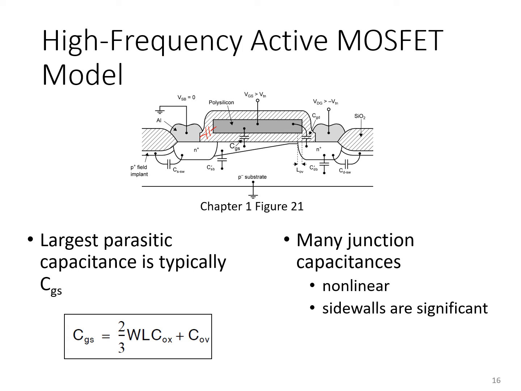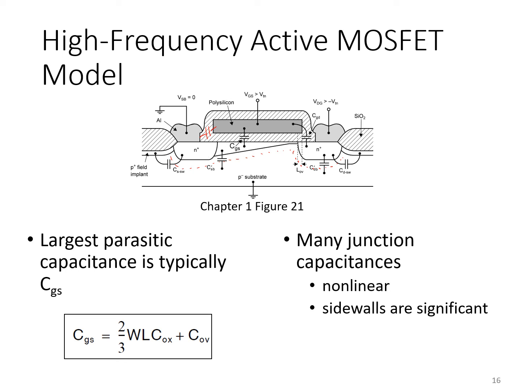You've also got junction capacitances arising all over the place because the channel region is inverted, and you've got reverse biased PN junctions all along the bottom side of the source region, the drain region, and the channel itself.